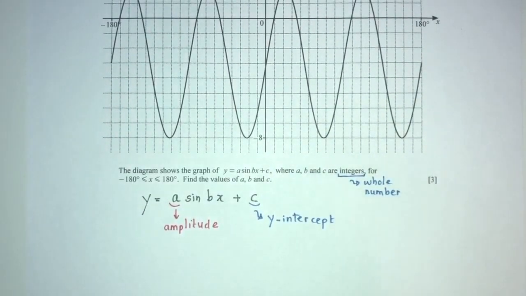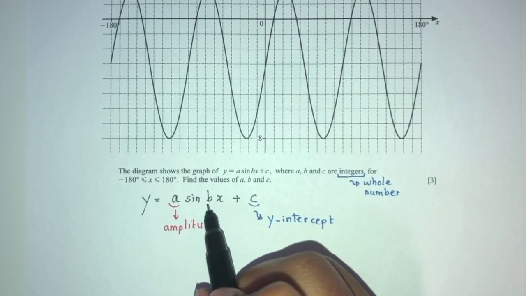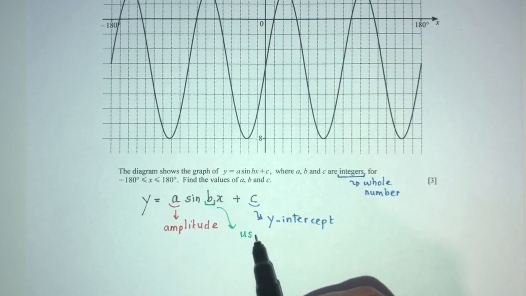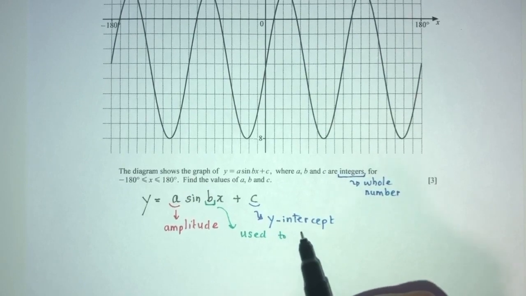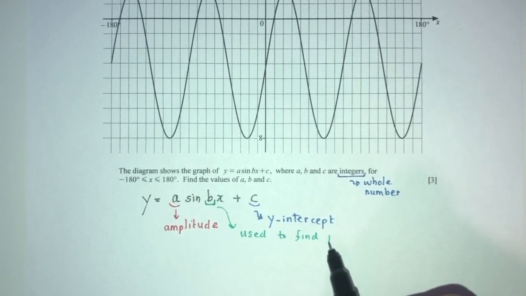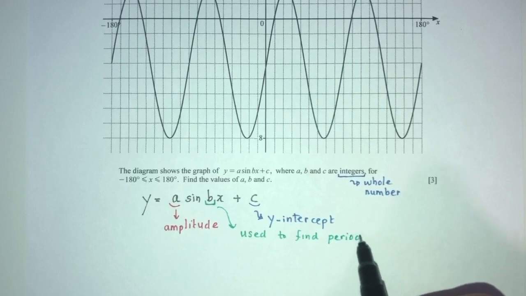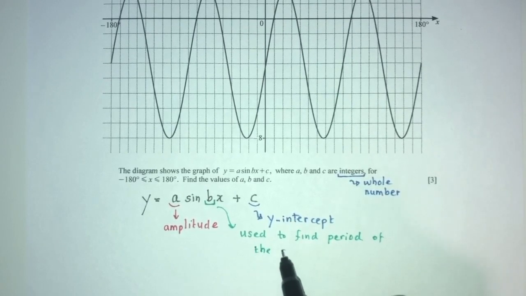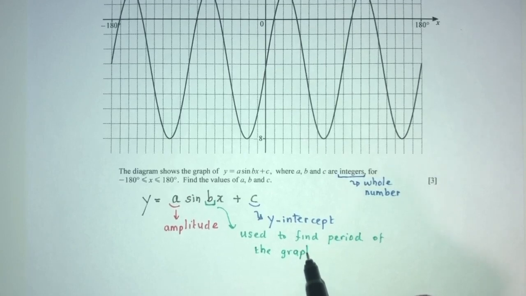Now b is a bit special. B is used to find the period of the graph. What is the formula for that?